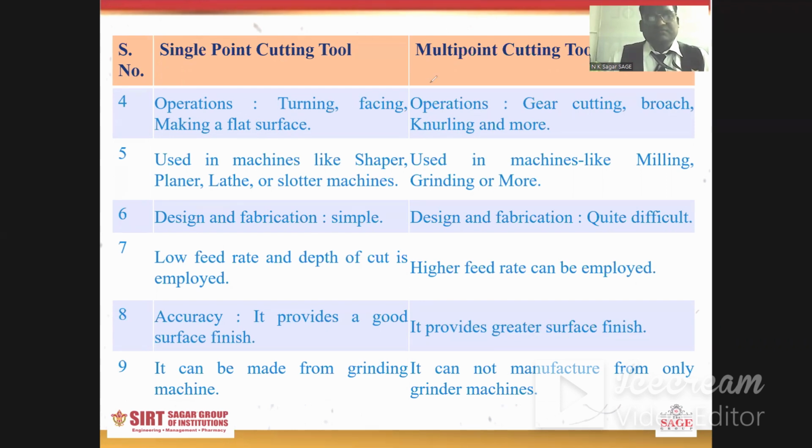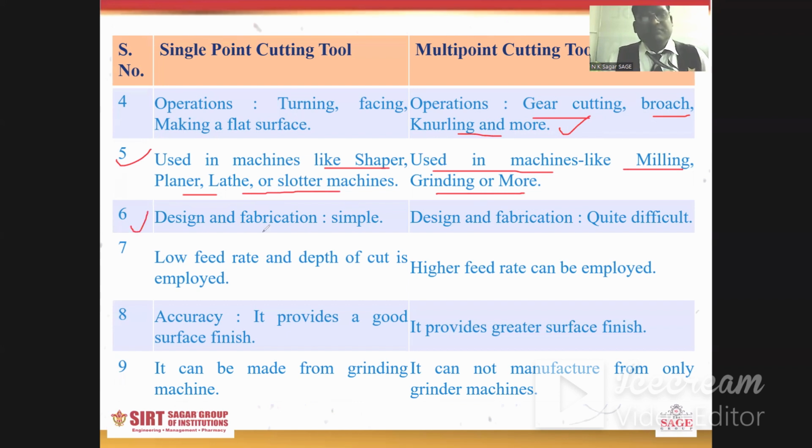And with the use of multi-point cutting tool, the operations are gear cutting, broaching, knurling, etc. Single point cutting tools are used in machines like shaper, planer, lathe, or slotting machines. The multi-point cutting tools are used in machines like milling, grinding, and more.